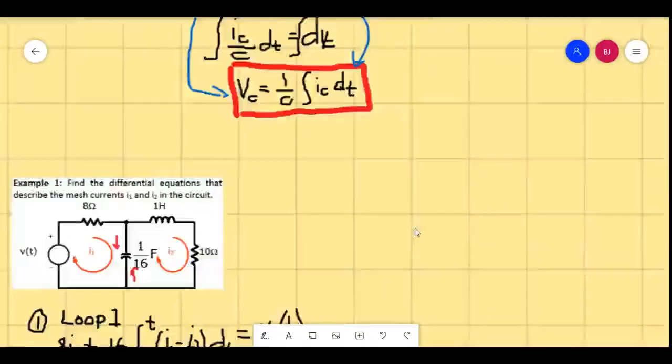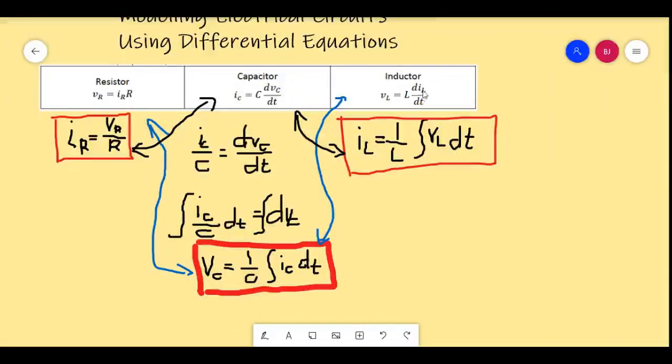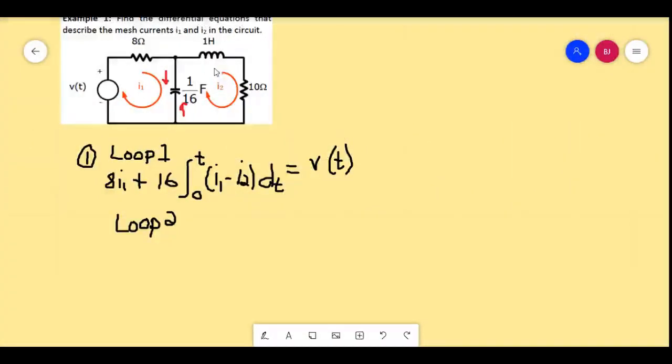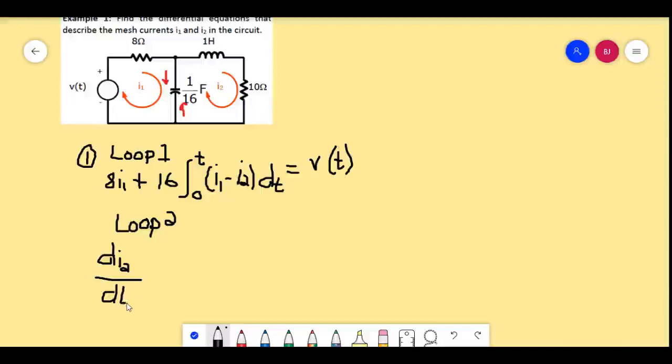Because L is equal to 1, then it would just be dI/dt, the derivative of the current passing through it with respect to time, and the current passing through it is only I2. So this would become dI2 over dt. Now, where's the 1? Of course, we don't write the 1, as it's a constant. It's supposed to be 1 Henry multiplied by dI2 over dt.